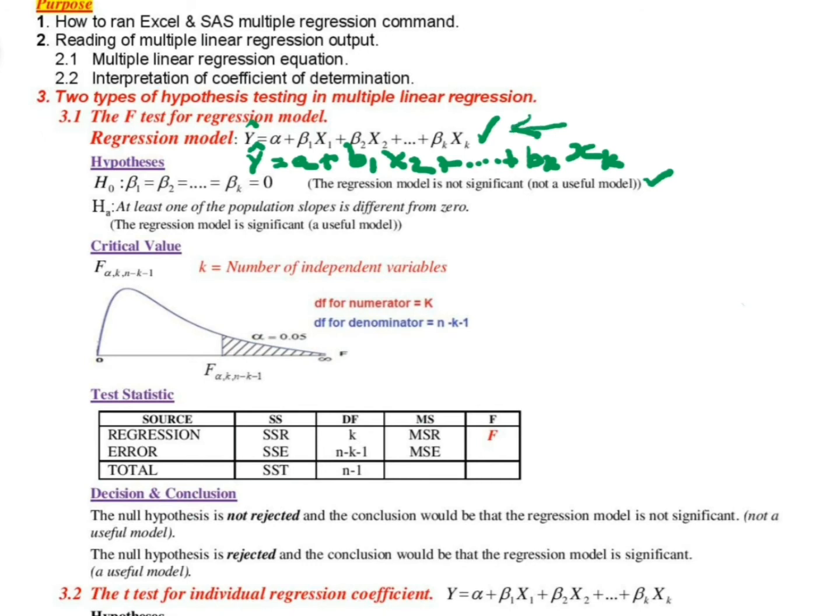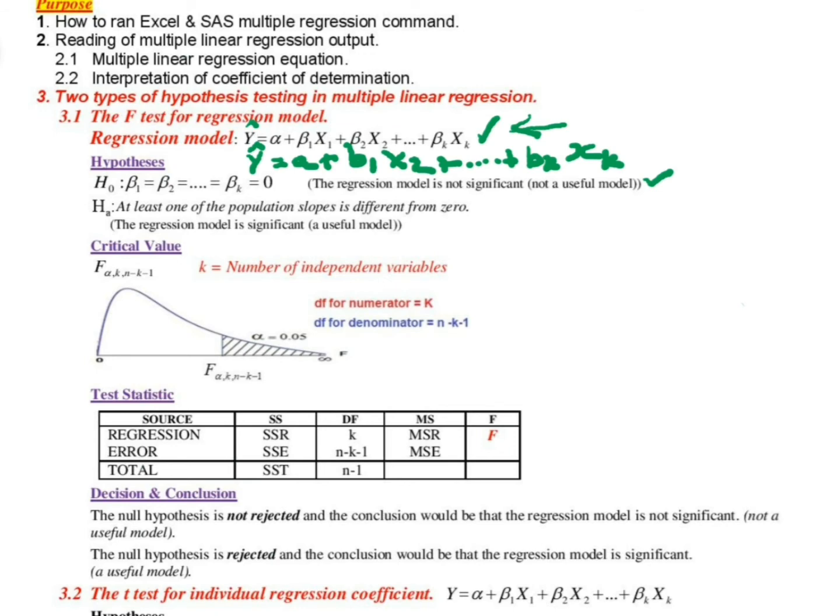If all beta 1 to beta k are 0, y hat is equal to alpha, a fixed prediction only. This equation does not show any contribution of x1 to xk. This equation is in effect only the fixed prediction.